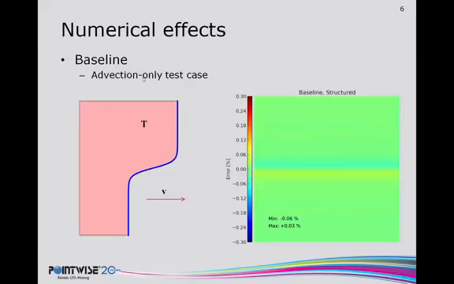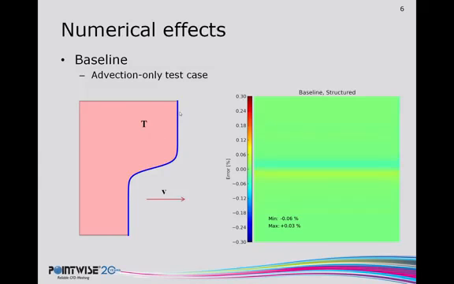So the test case that we came up with was the advection of a passive scalar. You can think of this as a temperature field being advected across a non-conductive fluid. So what we have is a simulation domain. We're imposing this hyperbolic tangent profile at the inlet, and then that profile is just going to be advected across the simulation domain from left to right.